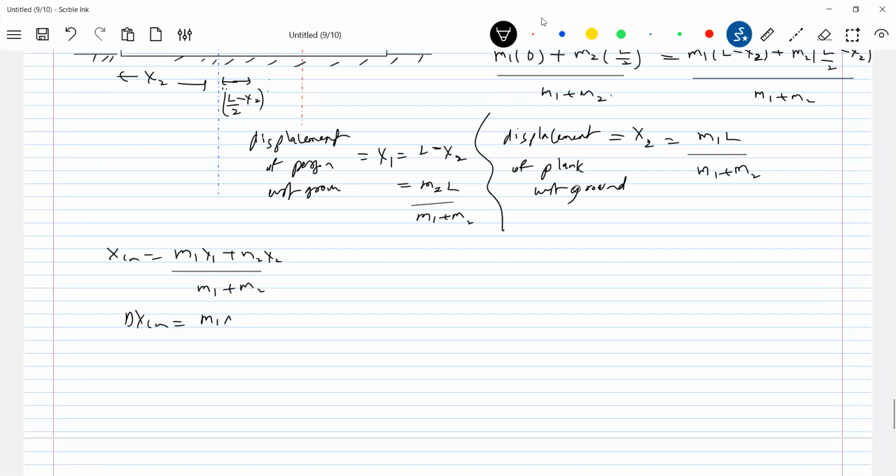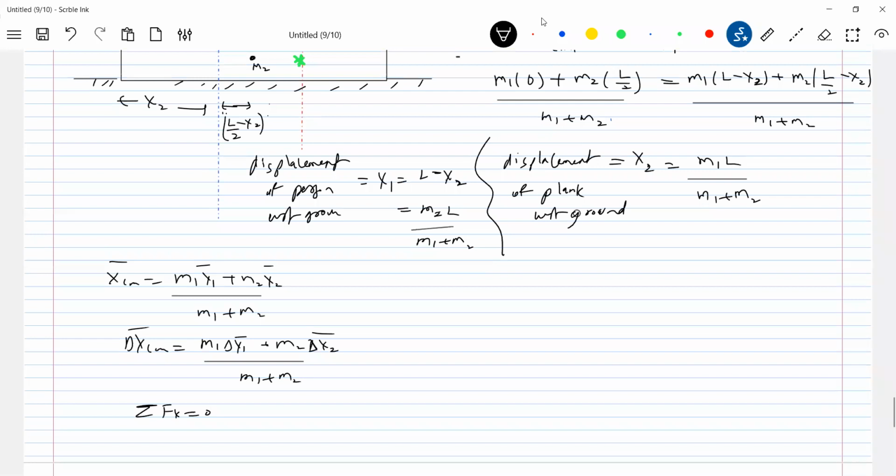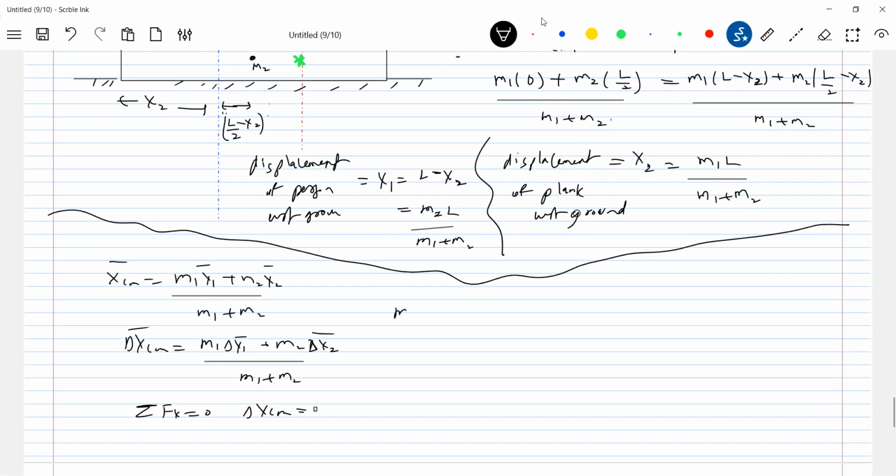Delta XCM equals M1 delta x1 plus M2 delta x2 by M1 plus M2. As net external force acting on system is 0, so delta XCM is 0. There's another approach.